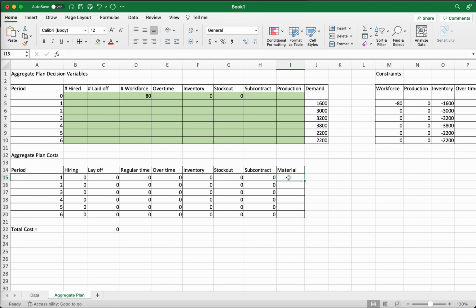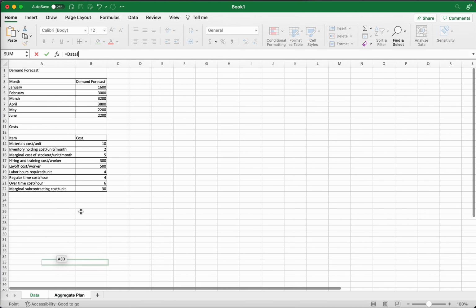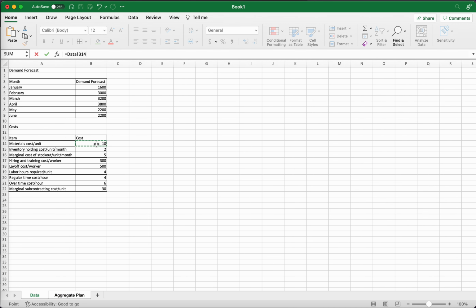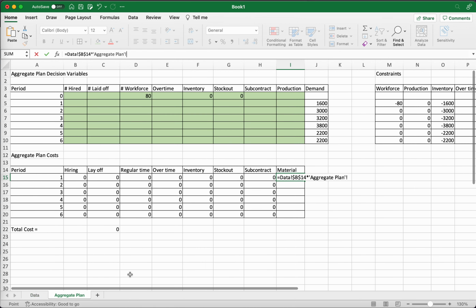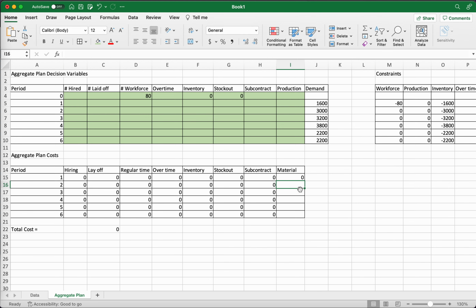Finally, material cost. Material cost is $10 per unit. Again, I'm going to make that an absolute reference and multiply that by the number of units produced in each month in the 6 periods. So this is the total material cost.